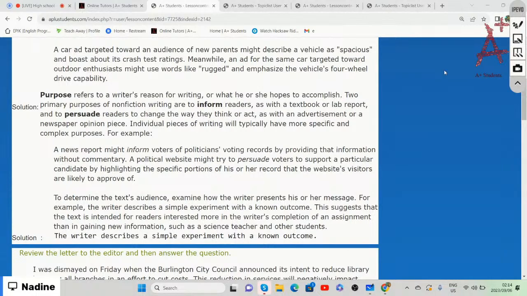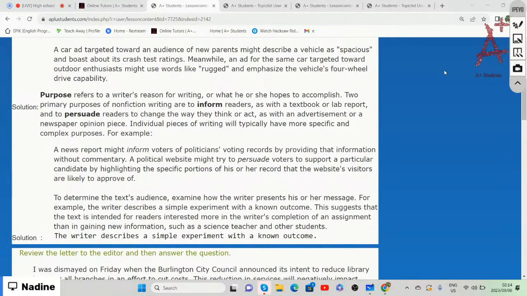For example, a news report might inform voters of politicians' voting records by providing that information without commentary, meaning that they won't comment about it.